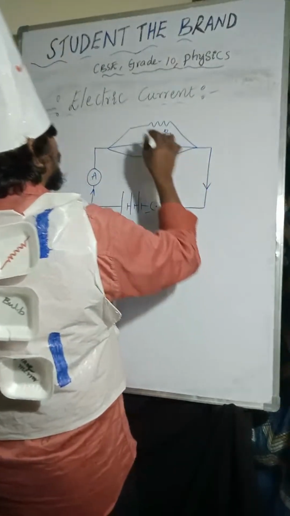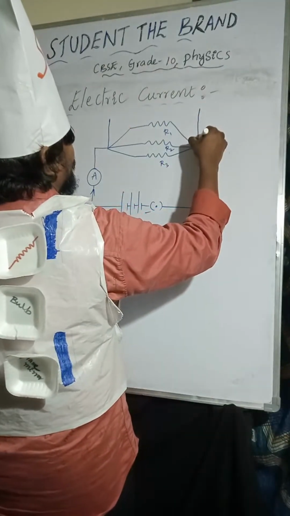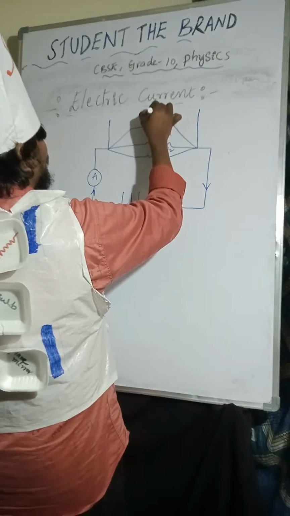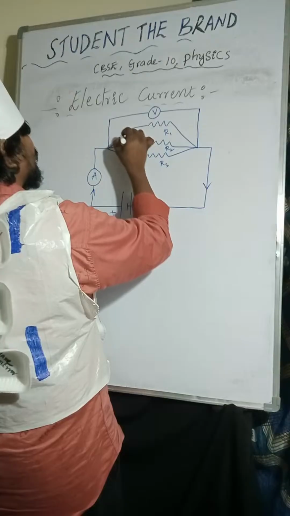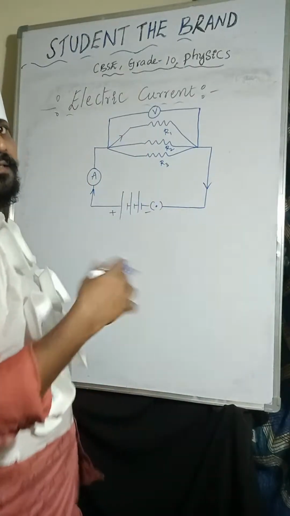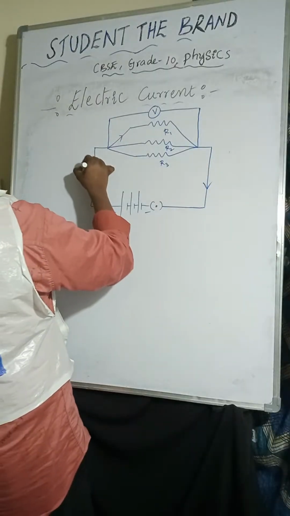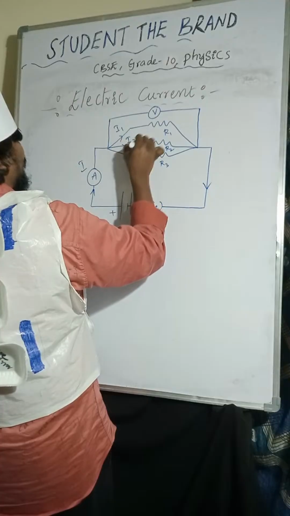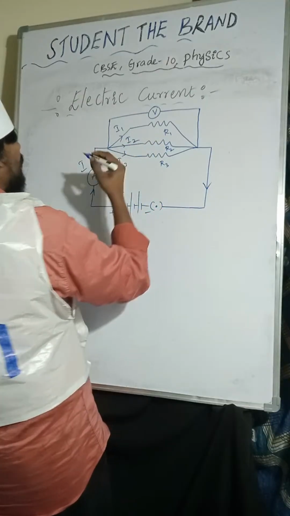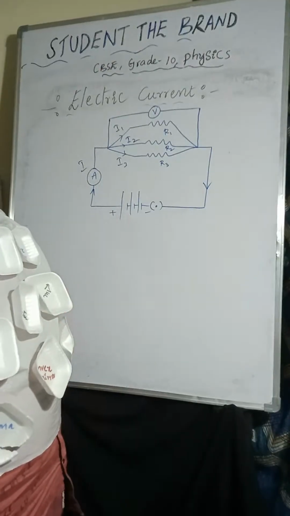Across this one, I'm connecting potential difference. Here the current is dividing into parts. So here I'm taking current I, that is dividing into I1, I2 and I3. Okay, so current is dividing into parts.